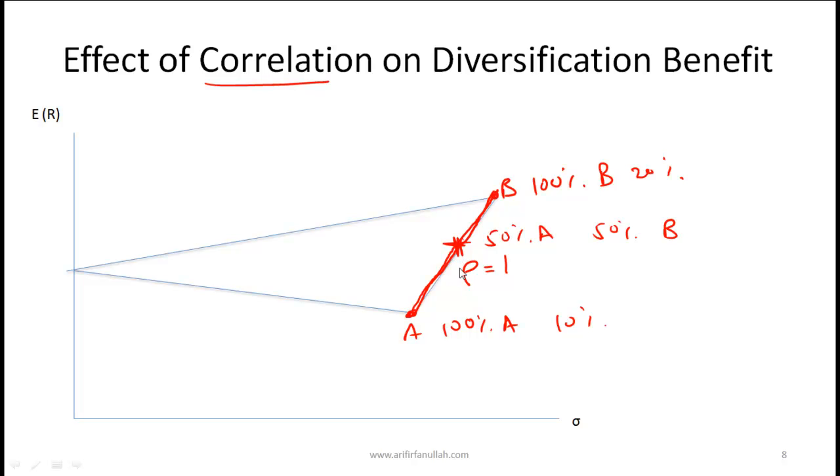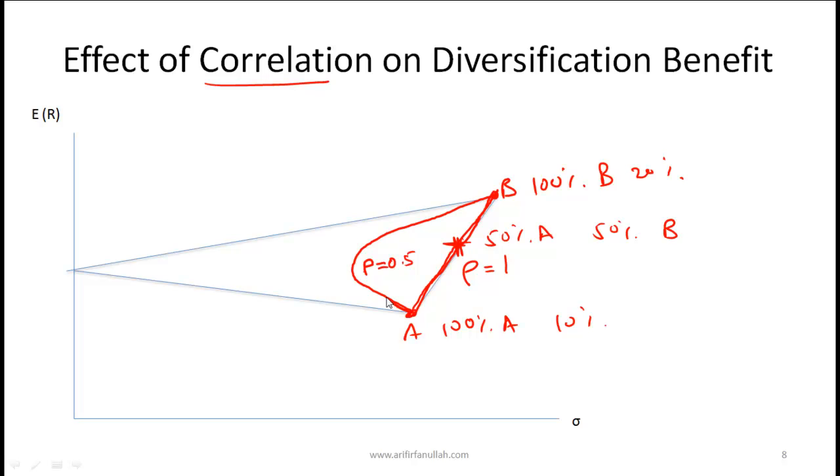Now let's assume that the correlation between A and B is 0.5. Then we will get a slightly different curve. So here we are now assuming that the correlation between A and B is 0.5. Then notice that there is going to be some diversification benefit.